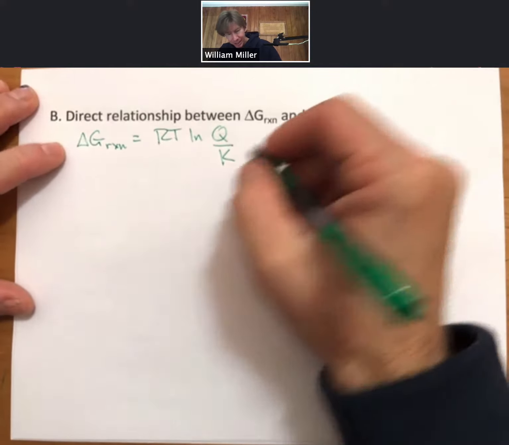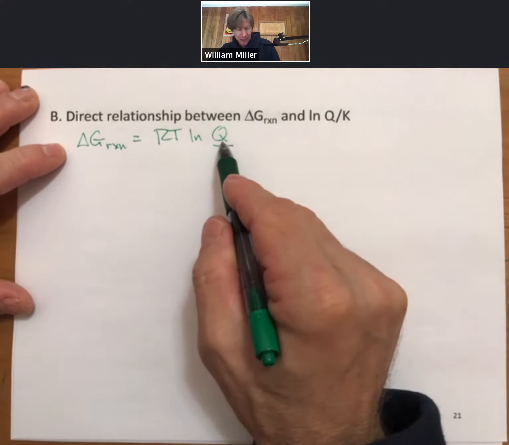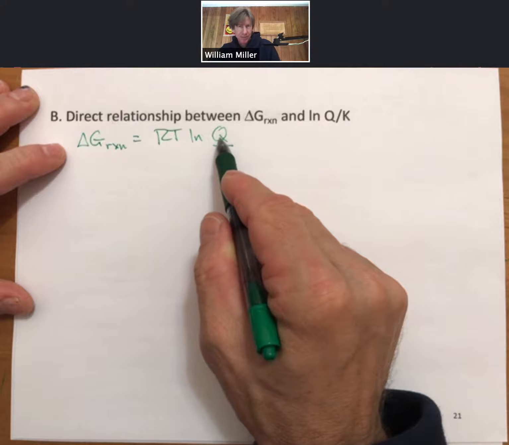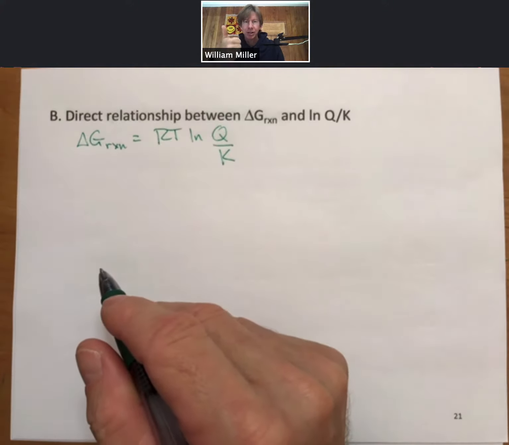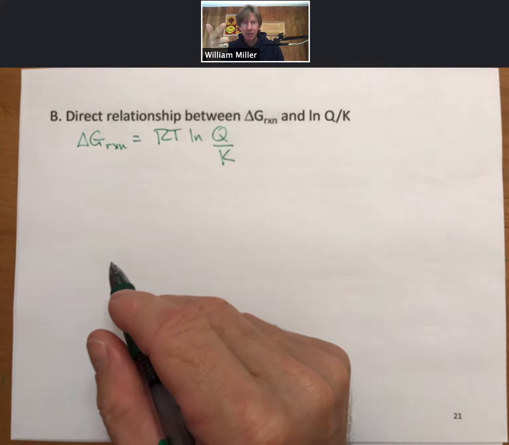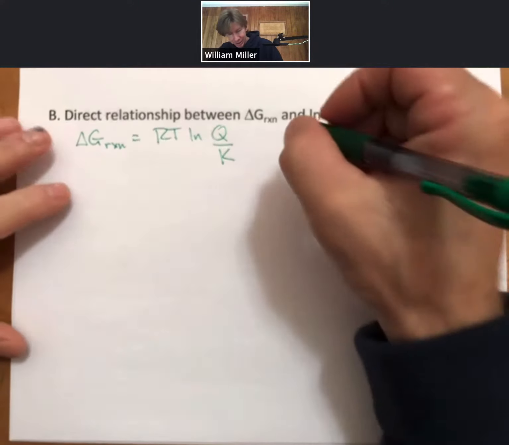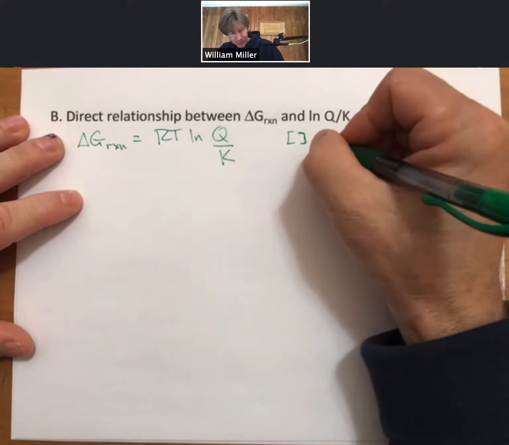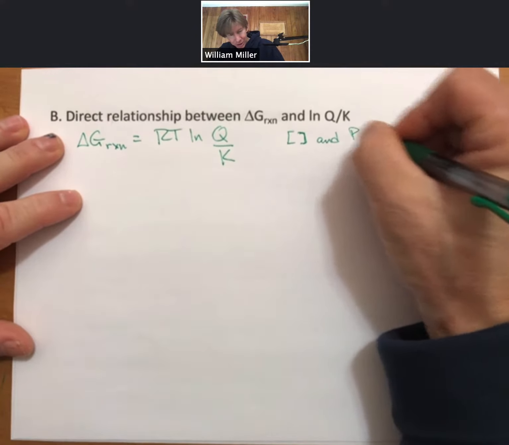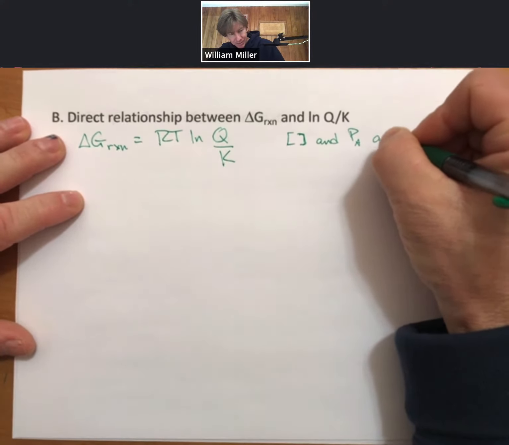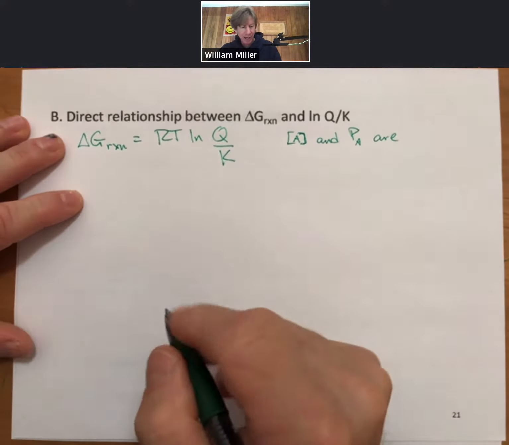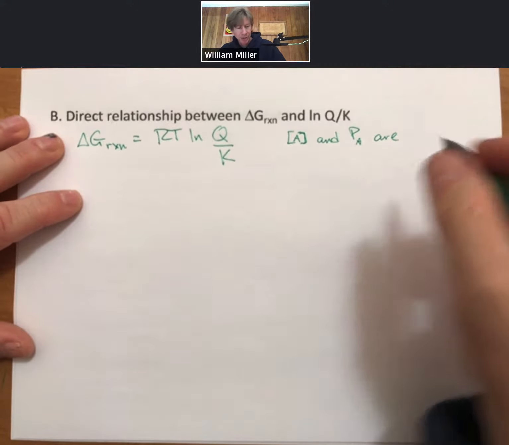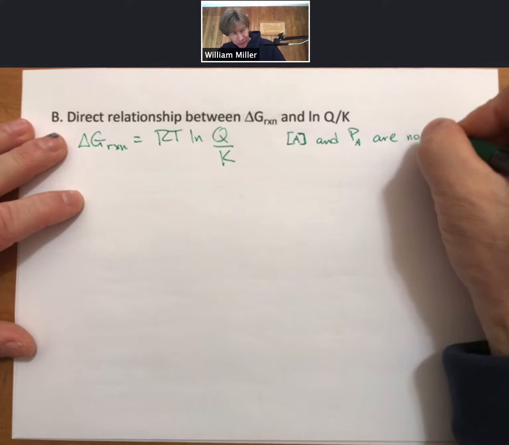What this means is that the conditions of pressure and concentration are no longer standard. So the concentrations, the square brackets, and the partial pressures are no longer standard.